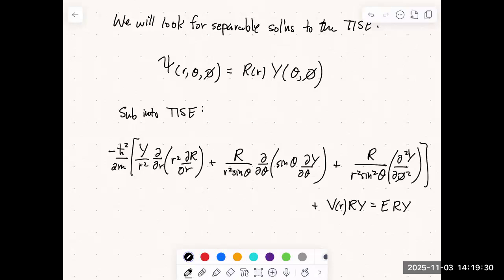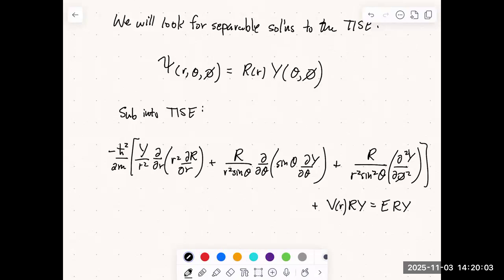The usual strategy is to write this in terms of a collection of things that depend only on position, like r, and a collection of things that depend only on theta and phi. So you see, if I divide it by R, I can get all of the radius stuff out here. In fact, what I need to do is get rid of the little r squared and the big R. So imagine dividing by big R divided by little r squared.